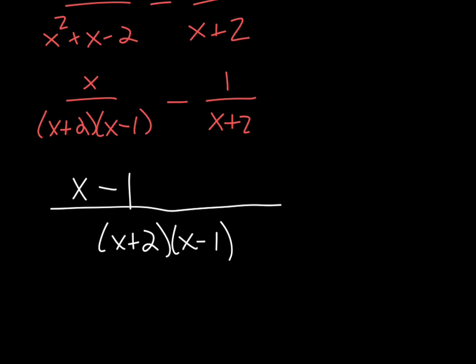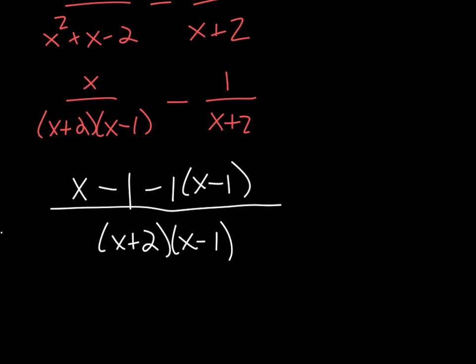But what did we have to multiply this second one by? X minus 1. Yeah, so whatever was missing. So then we had to multiply top and bottom by x minus 1. So the top is x minus 1, and then it's going to be x minus 1. Wait, why'd you put x minus 1 on top? Because you gotta multiply top by both sides.